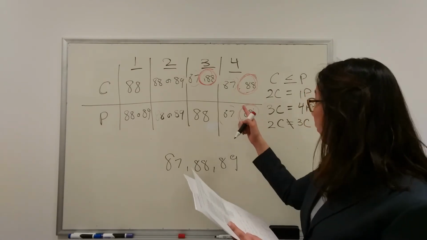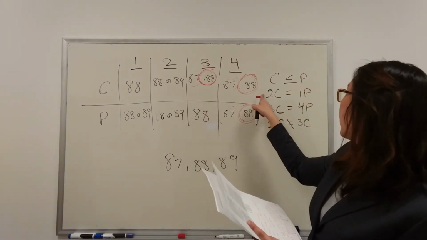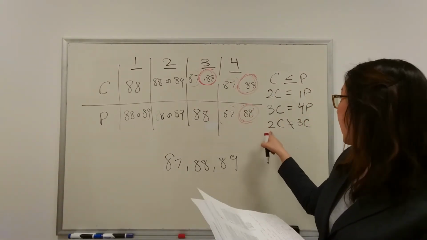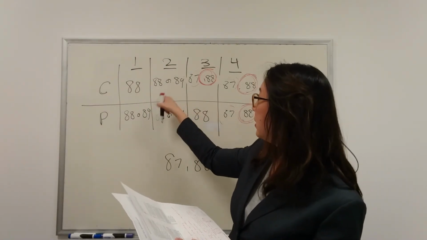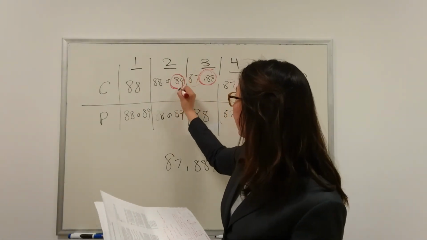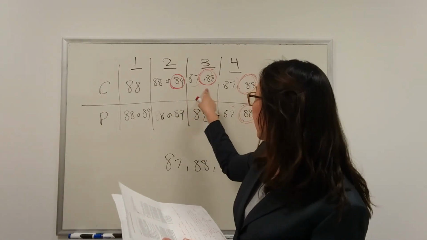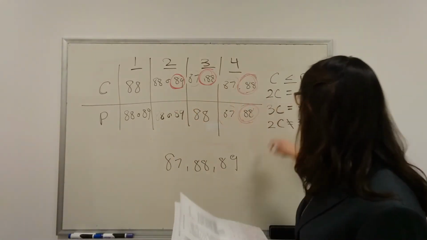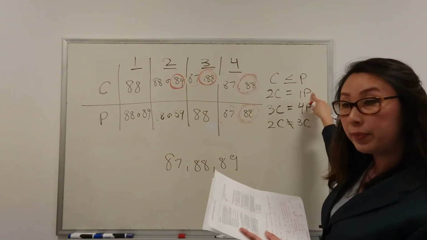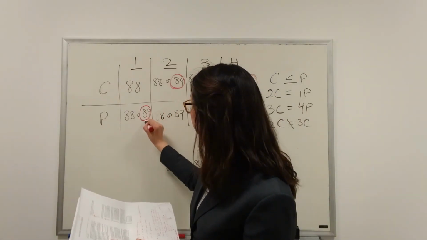So if 3C is then 88, and we know that 2C does not equal 3C, then we know that 2C must be 89, since there are only two options. Now if 2C is 89, we know 2C equals 1P, so 1P equals 89.